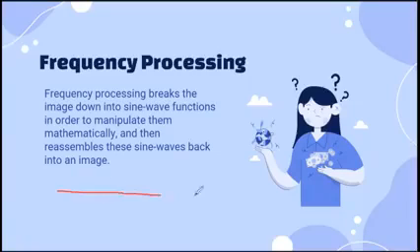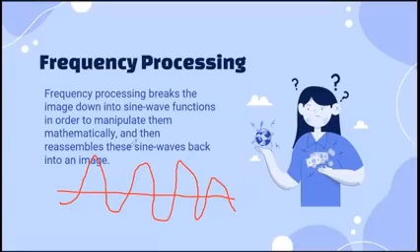This is an example of a sine wave. So in frequency processing, the image is transformed into a sine wave function so that mathematical calculations will be easier. Then, once the mathematical manipulations are done, the sine wave functions are transformed back into an image. That's all it is.